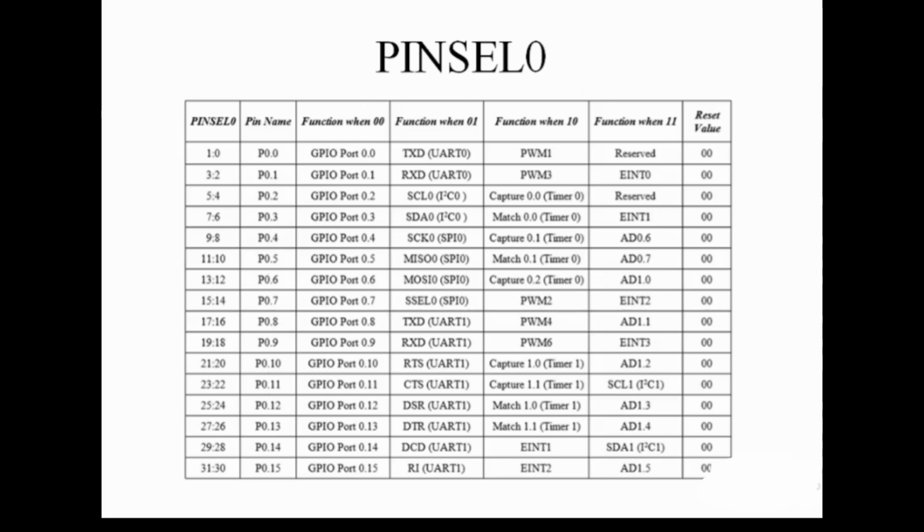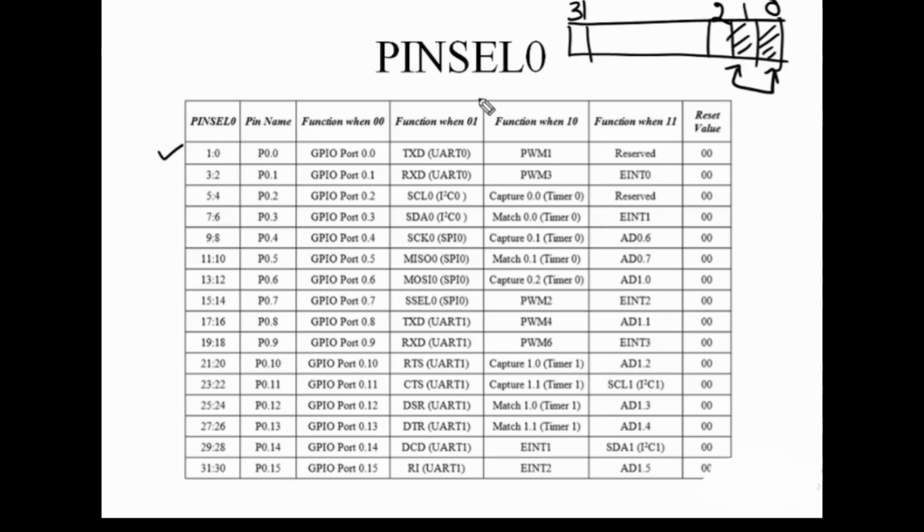This row means that to determine the exact function carried out by port 0 pin 0, we use bits 1 and 0 of PINSEL0. If you consider the register's bit positions 0 to 31, the value stored in the first two locations, bit 0 and bit 1, determines what exact task is to be performed by port 0 pin 0.